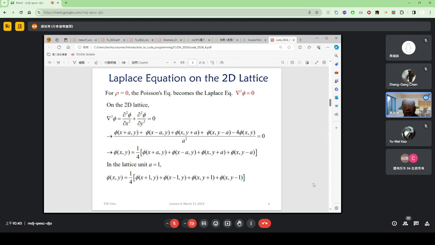But as I said, can we take a smaller? You cannot just put, say, 1/2, because if you have a lattice spacing of 1/2, that means you have more sites with a fixed L. So we have more sites.